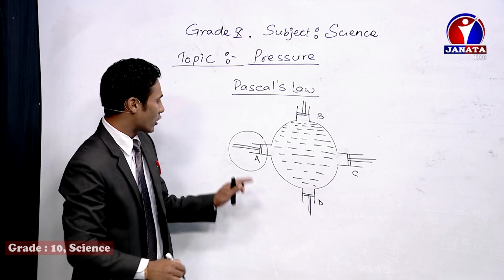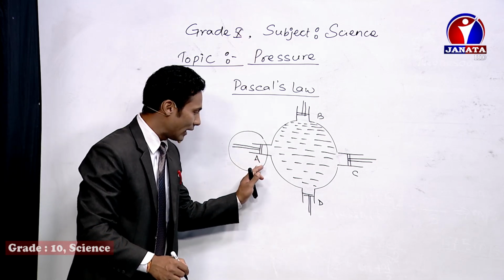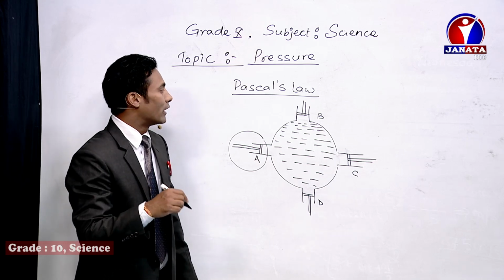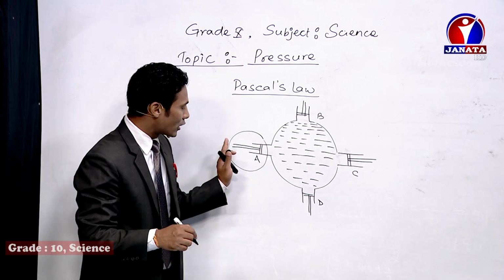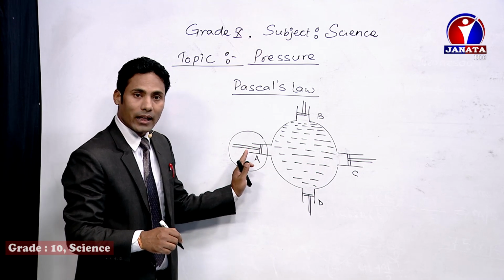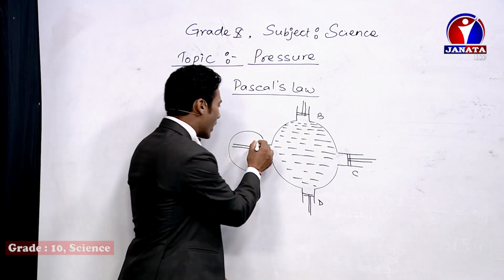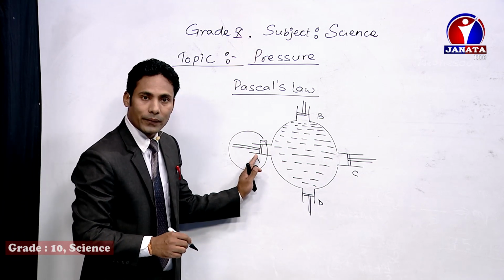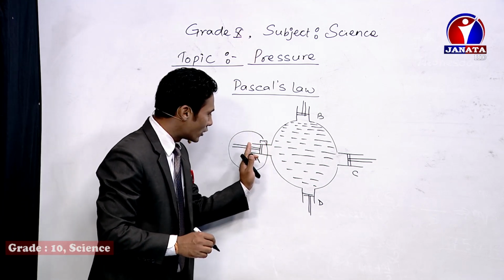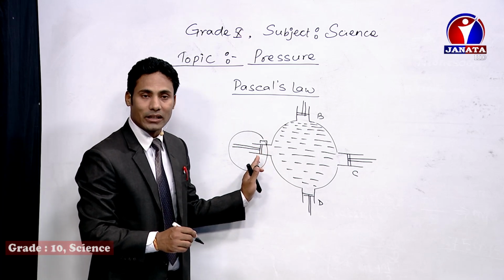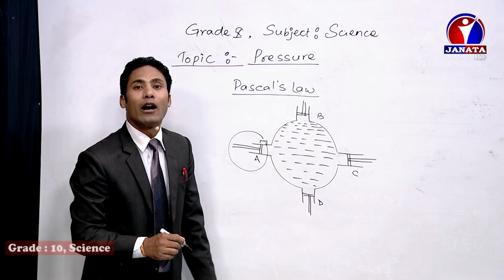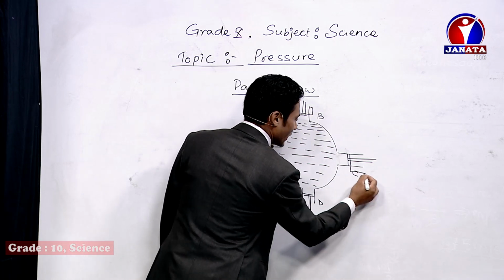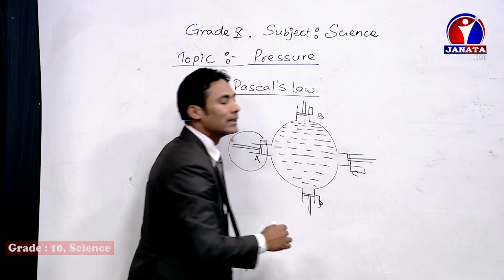Whenever I apply a certain force on this piston A, a certain pressure is applied on it. As a result, whatever distance piston A travels inward, the same distance outward will be traveled by B, C, and D also.